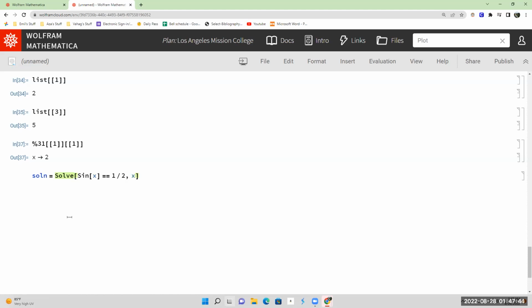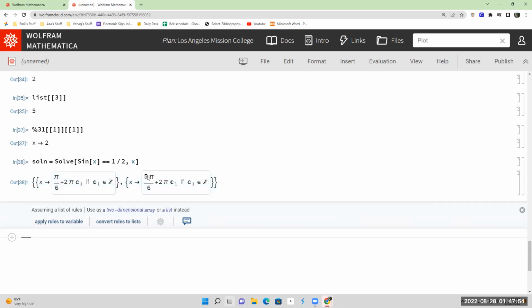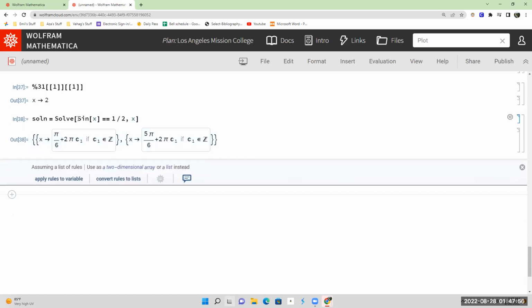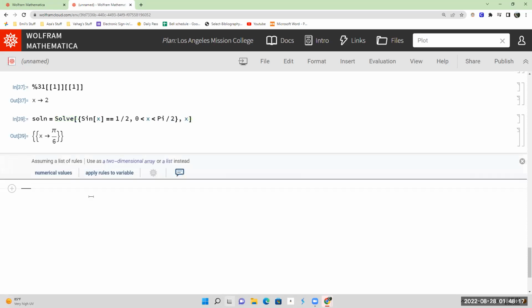We already know that there are multiple solutions, so let's restrict this by specifying that x is between 0 and, let's say, pi over 2. That should restrict our solution to pi over 6.